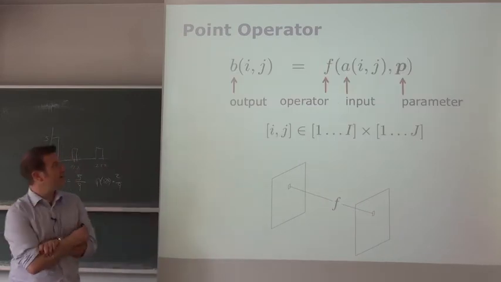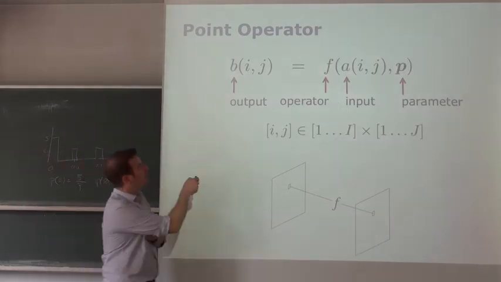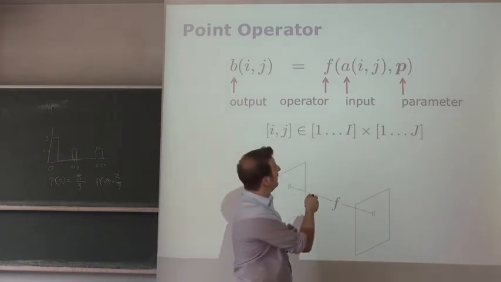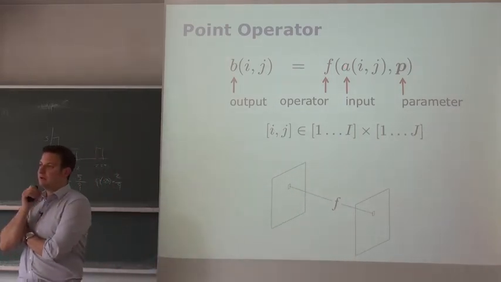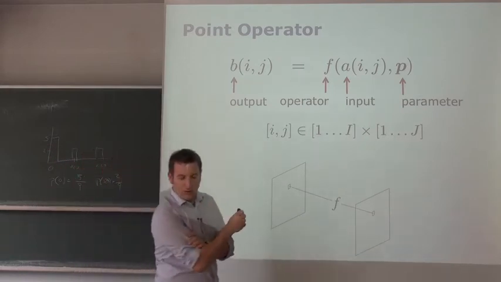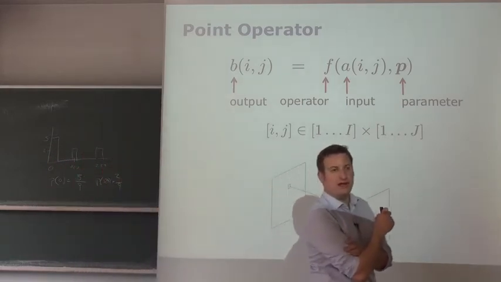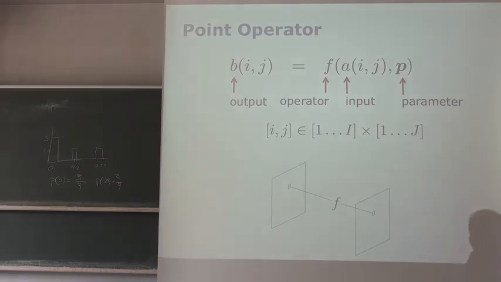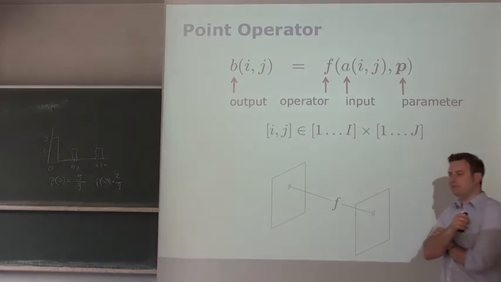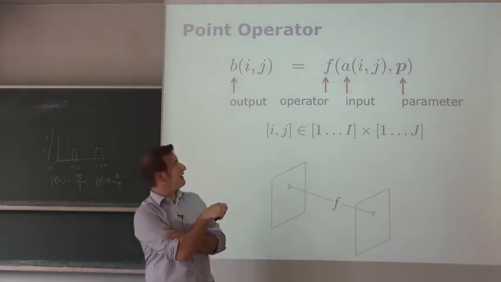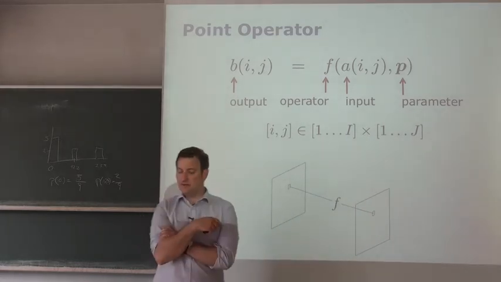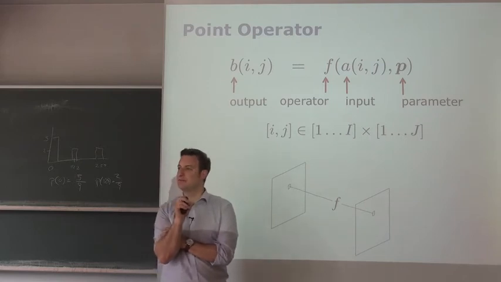So how does it work? Let's say from now on B is always my output image and A is my input image. I have an input image and I want to transform it through a function f to obtain the output image B. We're looking so far at point operators, so every operation is done based on an individual pixel.